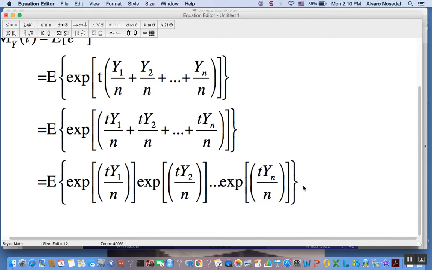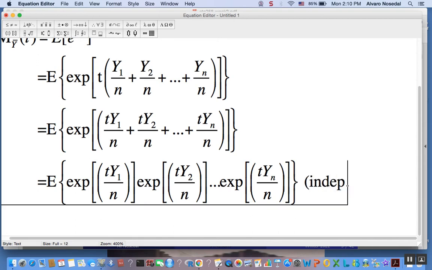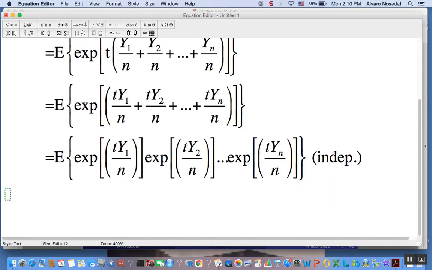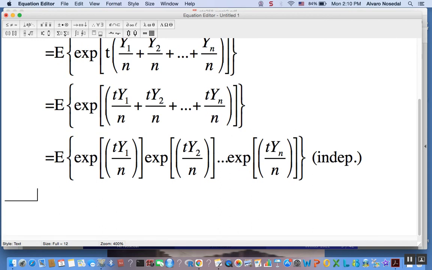Okay. So now what I want you to see here is that by independence, the expected value of a product is the same as the product of expected values.